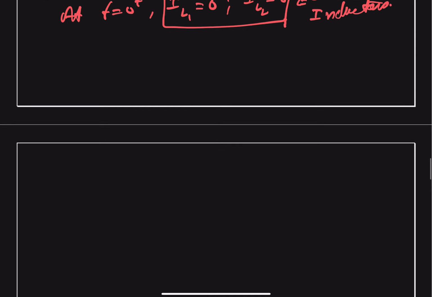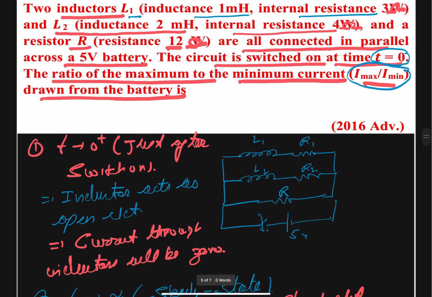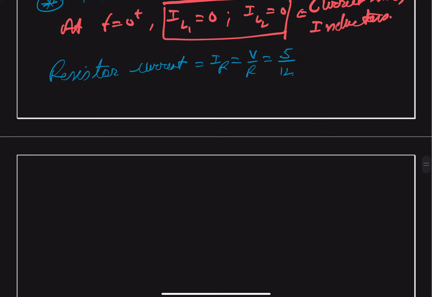And next we can find out the resistor current, which is IR, that comes up as V upon R. V is 5, and the resistance is given as 12 ohm.